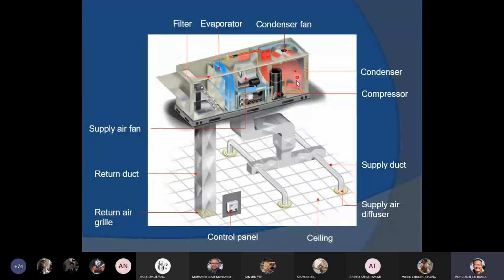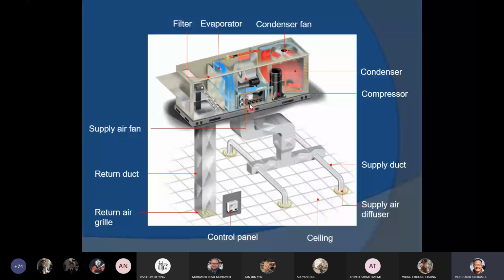Right, so you can see that this is the package unit with the compressor, condenser, evaporator somewhere here, filter. And somewhere there is the expansion valve, the one that controls the amount of liquid refrigerant.